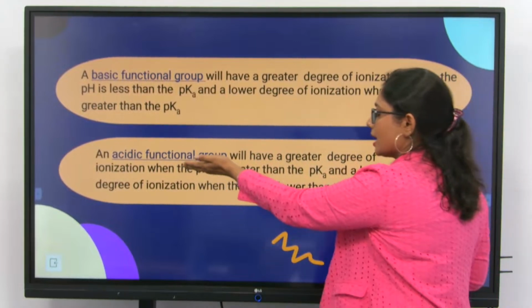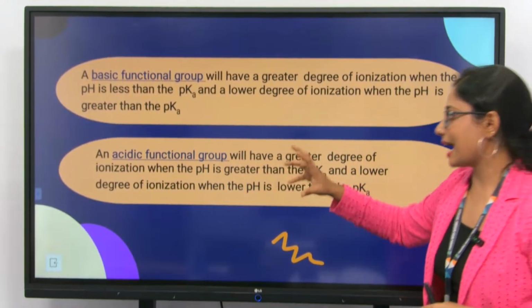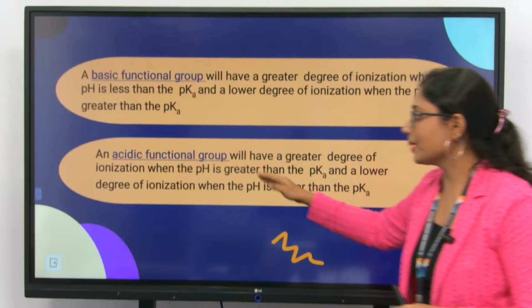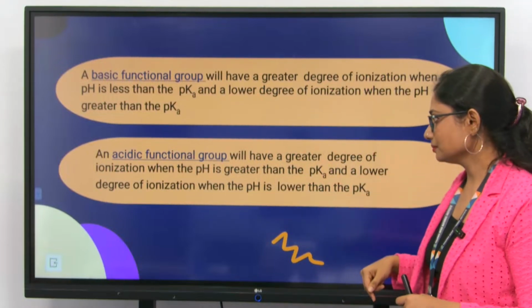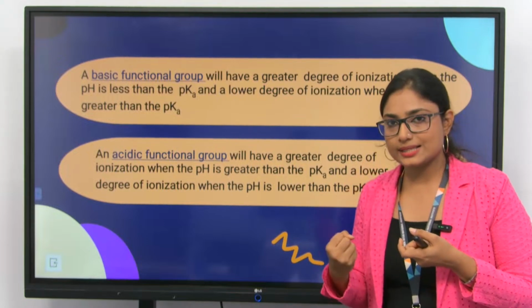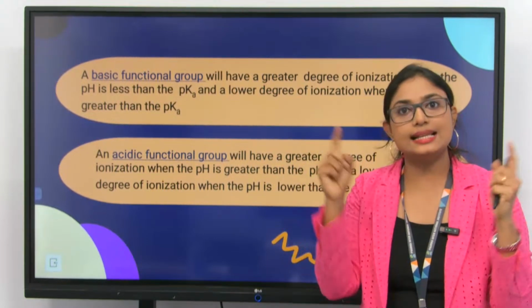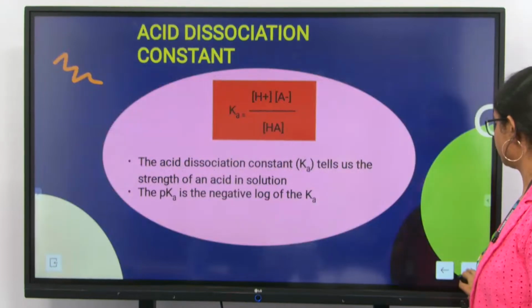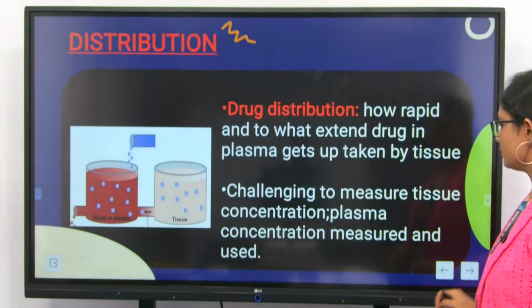Now, when the drug is a weak acid, it will have a greater degree of ionization when the pH is greater. Okay, when the drug is a weak acid and it reaches the basic medium, it will split into its ions, and lesser will be the absorption. Yeah. So that is about the absorption.